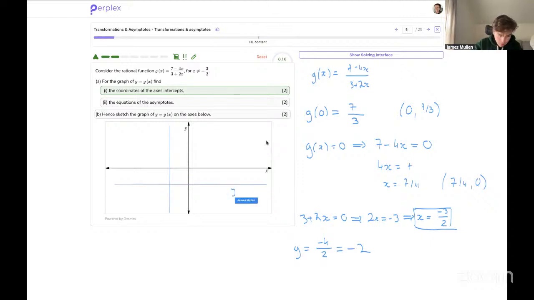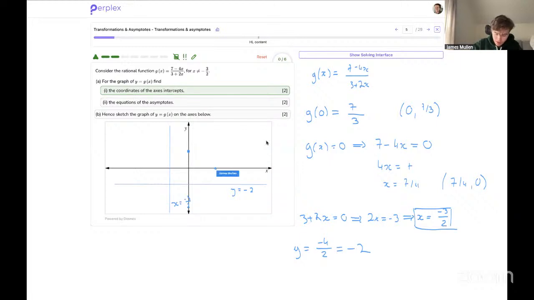So y is equal to minus 2, x is equal to negative 3 over 2. And I know that I have a y-intercept at 7 over 3, so maybe I'll put that there. 7 over 3 is slightly more than 2, so if I want to draw to scale, I should draw slightly higher than this distance. But you don't really have to worry about that. Roughly here, though. And then I have an x-intercept at 7 over 4. So let's say 7 over 4 is here, roughly.